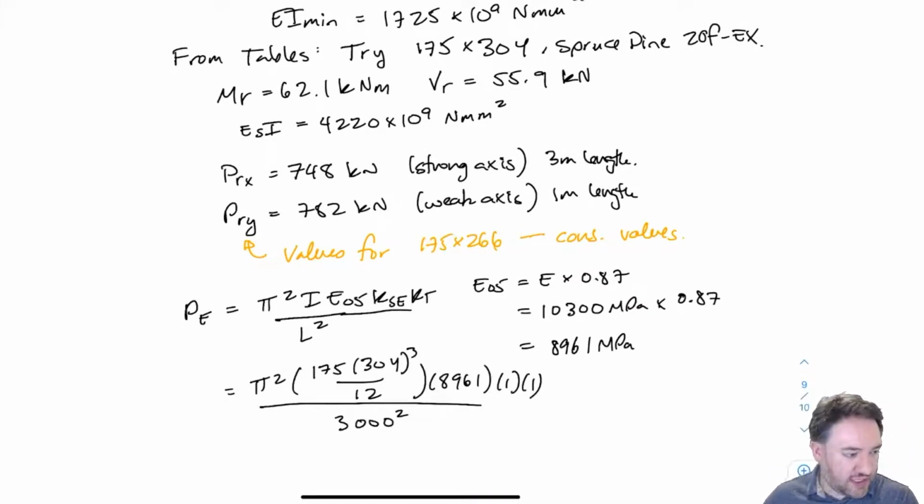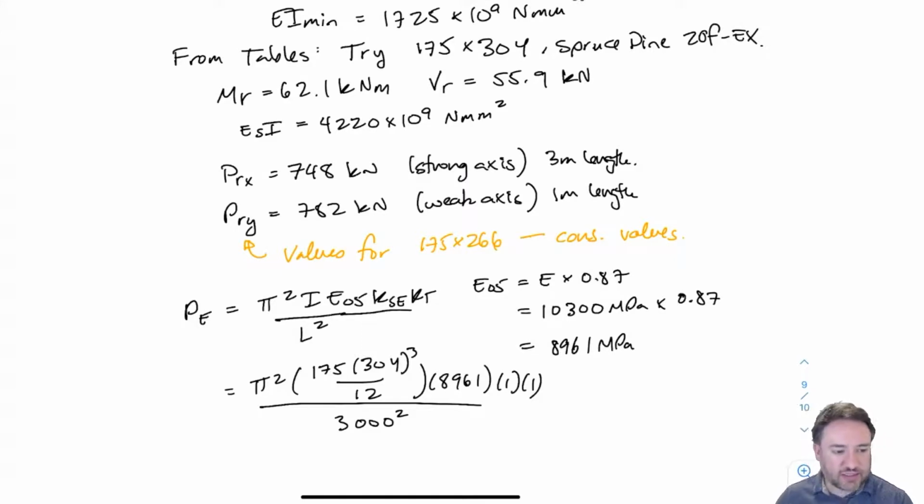So don't forget that this length on the bottom is actually an LE. And that LE is effective length in the plane of the applied moment. And in this case, the applied moment is in the strong axis direction.